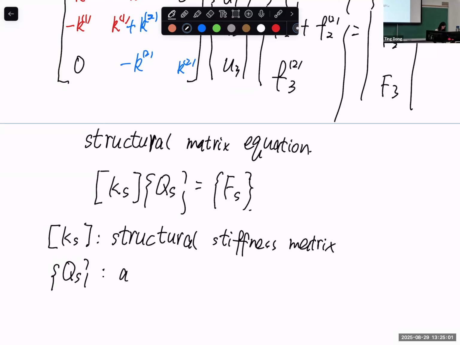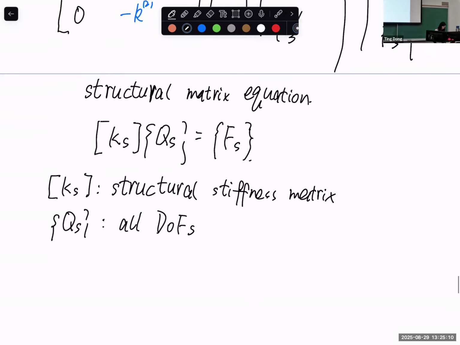So for our example here, we have 3 nodes, so U1, U2, U3, all the degrees of freedom of the system. And the force is all the externally applied forces at each node.